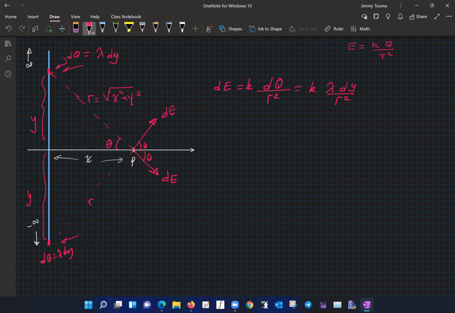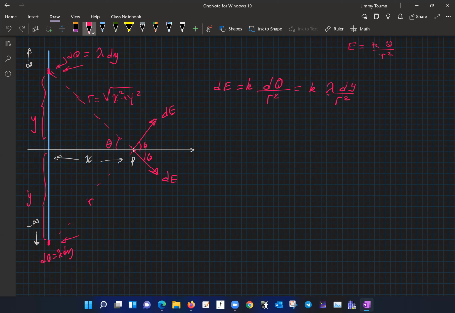I'm going to get two fields like this. And what's that going to give me? These two fields will have their y components cancel out when I add them up, because this electric field has a y up and this electric field has a y down. Equal and opposite, they'll cancel out. And then we will double the x component.